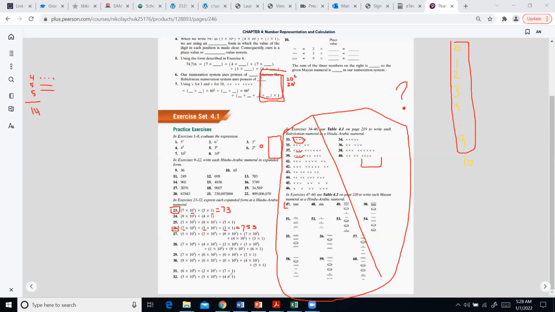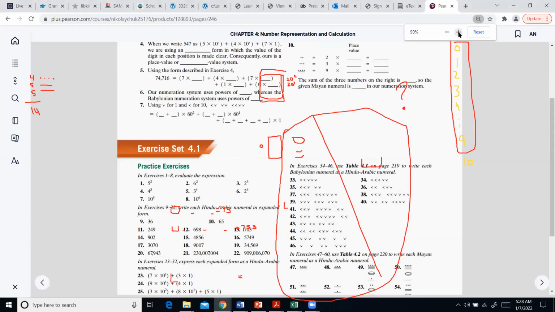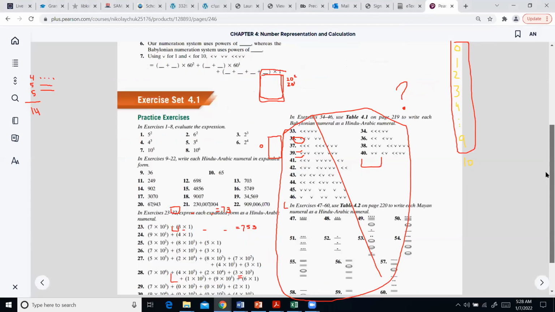So how about if I try number 32? Well, it looks like another similar type of exercise. So we need to see what powers of 10 we have in here. Maybe I can make this look a little bit bigger. Let me zoom in so we can better see what's going on.